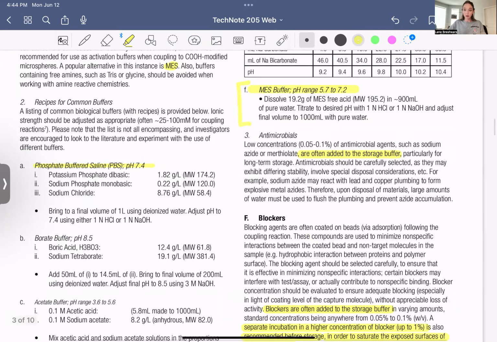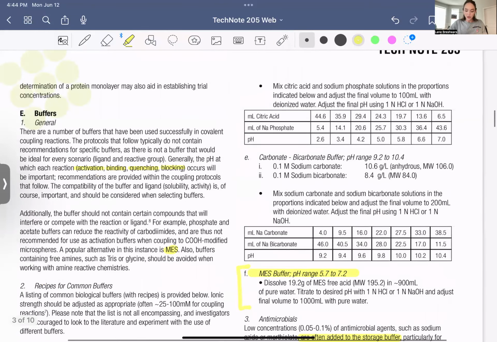Finally, antimicrobials. The last stage, so if we go over here, activation, binding, quenching, blocking, and then after that, what are you doing with it? You are storing it. If you're going to be using your reagent that you've made more than once, you have to take into consideration the long-term storage of your solution.